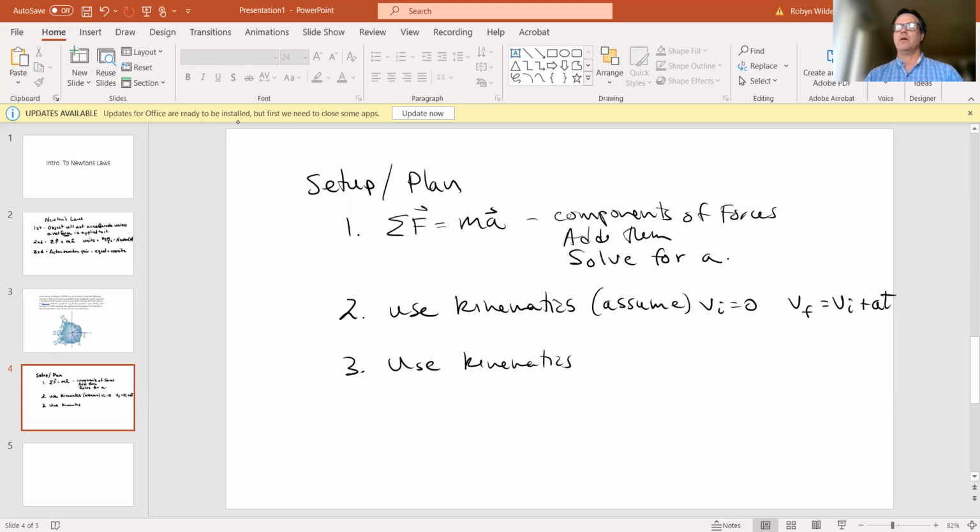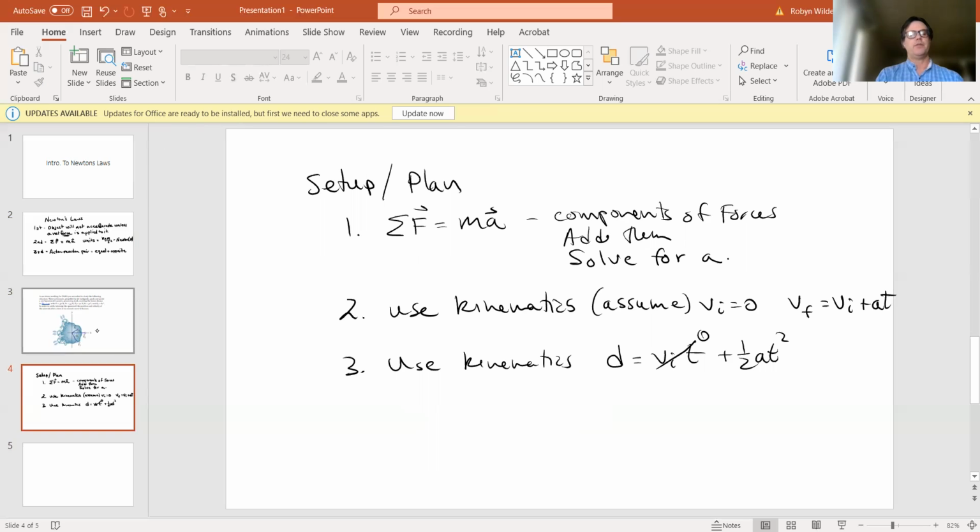What if I want to know the distance that it goes? Well, that would be v_i t plus 1/2 a t squared. But again, we're assuming initial velocity is 0. So I'm going to use just my kinematic equations. So several steps: adding the vector components, solving for a, then using kinematics is sort of my plan.